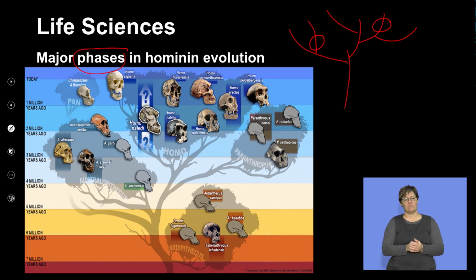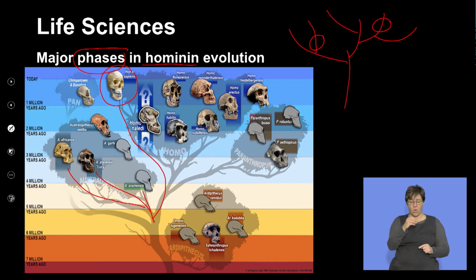When we look at this tree, you're going to notice that some parts of the tree just stop. That means that particular species is no longer around. And the only one out of the hominin evolution that is around today is us, the Homo sapiens.